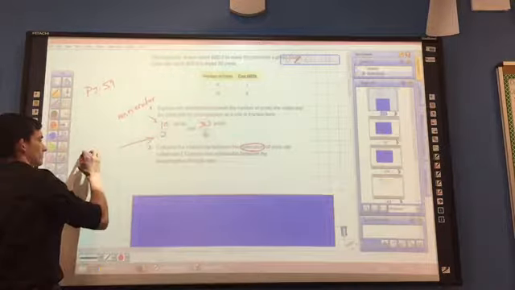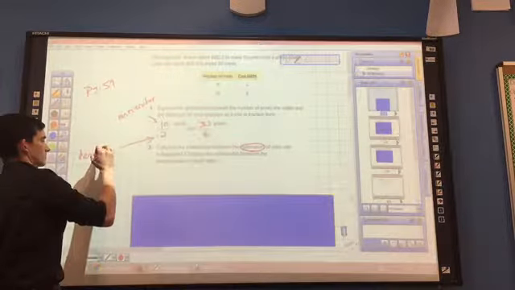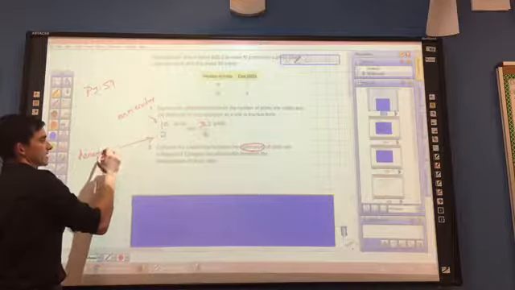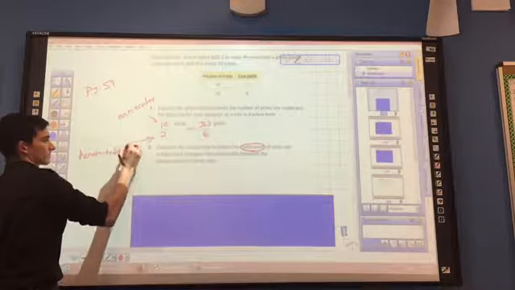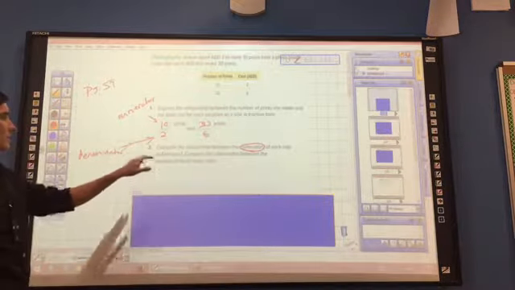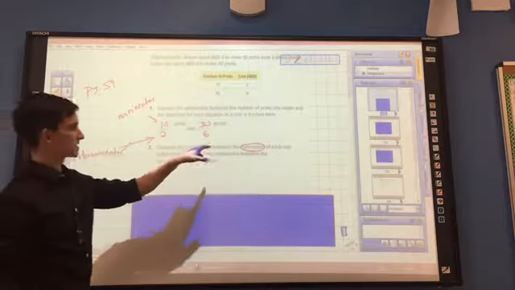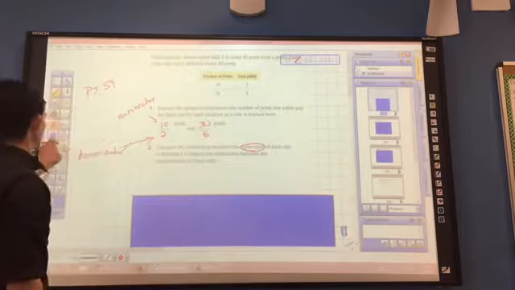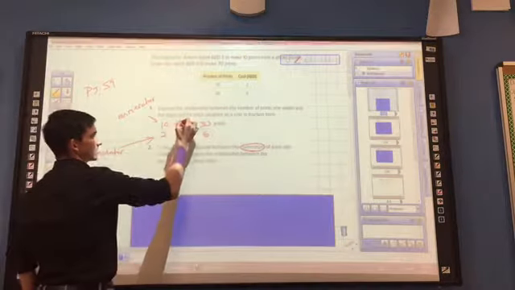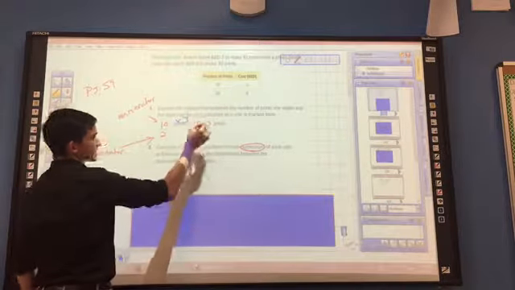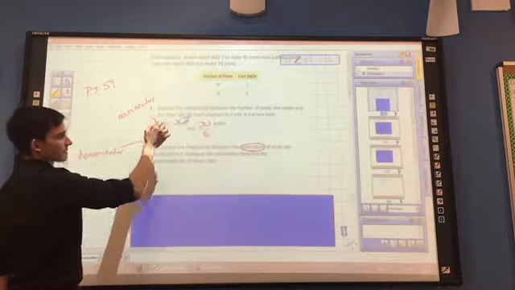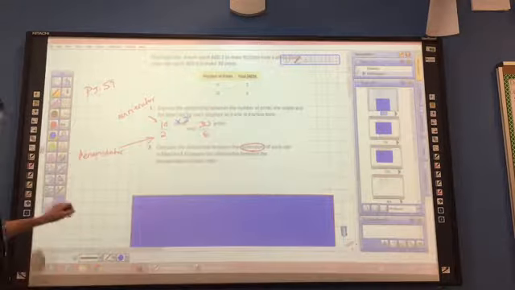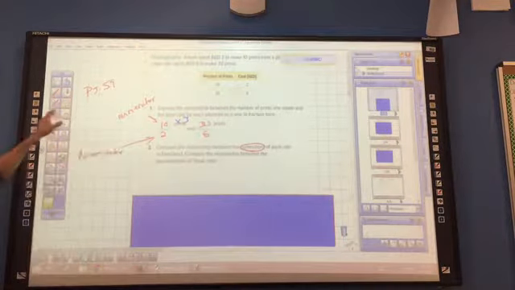This is a denominator. So it says compare the relationship between the numerators. How is 10 related to 30? 10 times 3 is 30. 30 is 3 times bigger than 10. So multiply by 3.